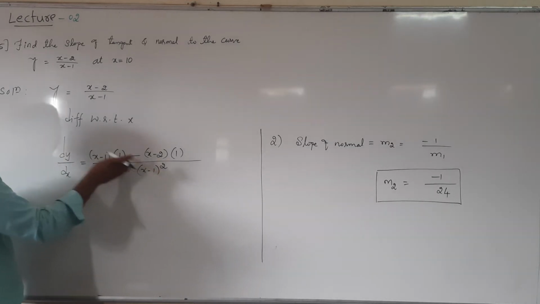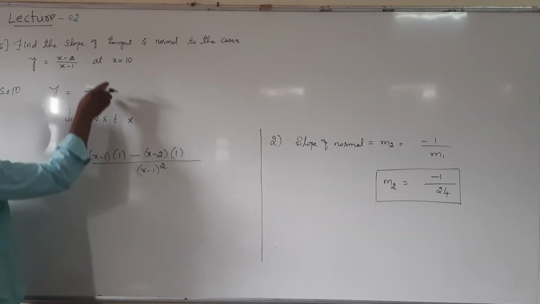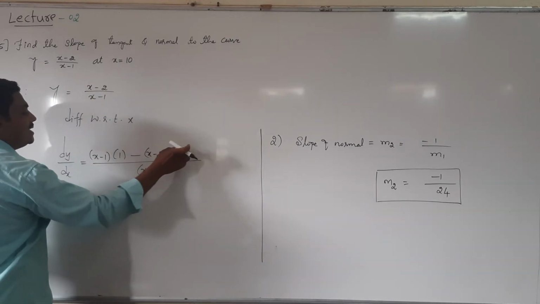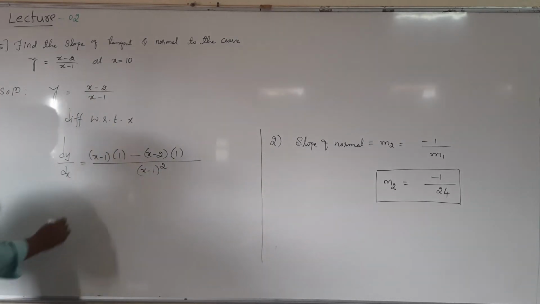Numerator differentiation is 1, middle minus, numerator x minus 2 as it is, denominator differentiation is 1.